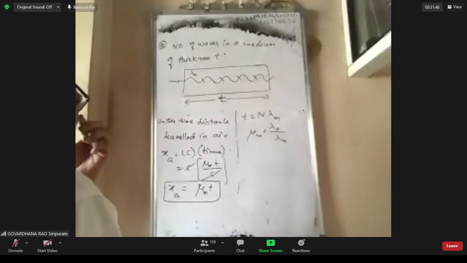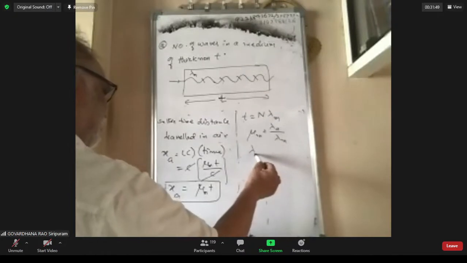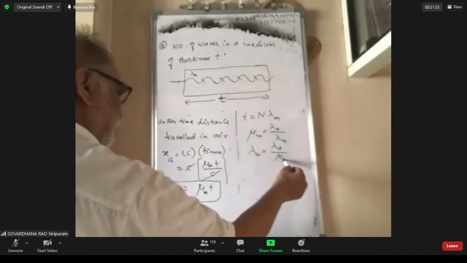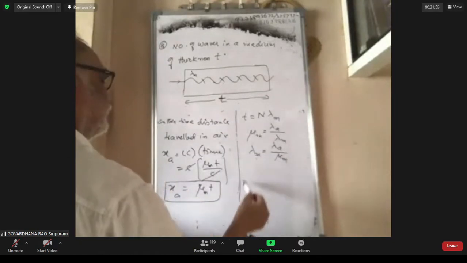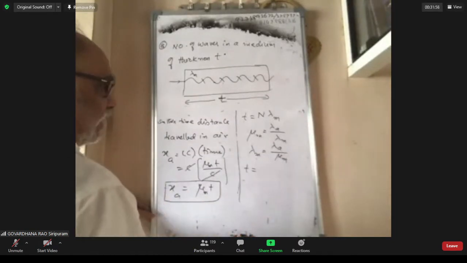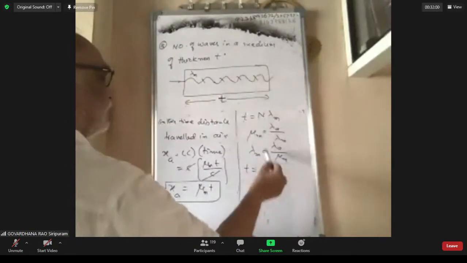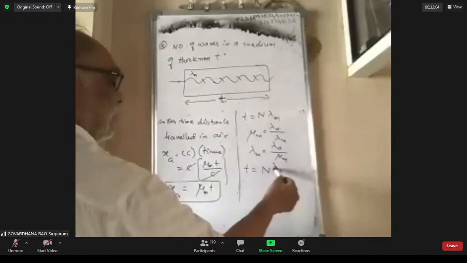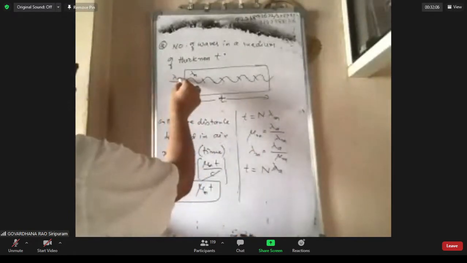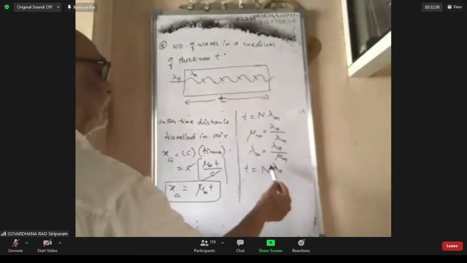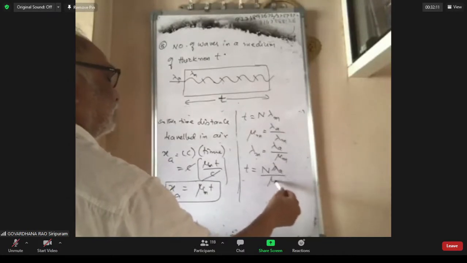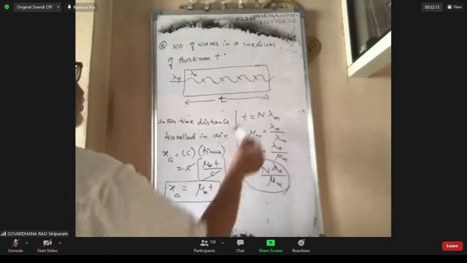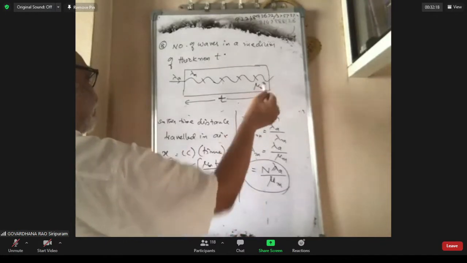So what is lambda m? Lambda a by mu m. So T equals n into lambda a by mu m, where lambda a is the wavelength of light in air.